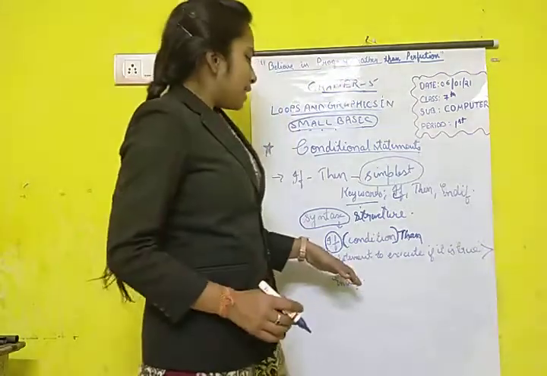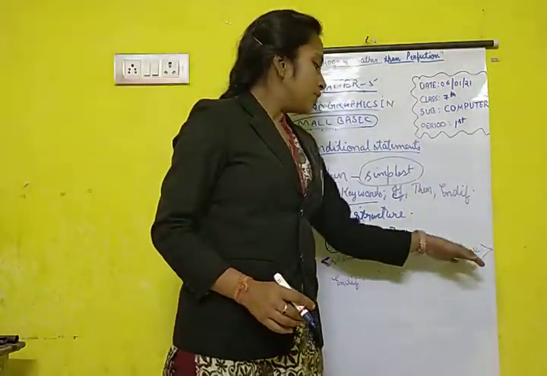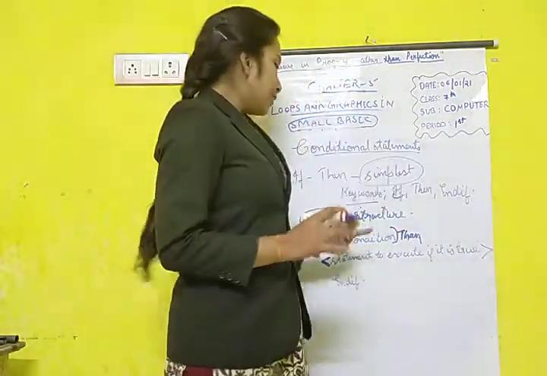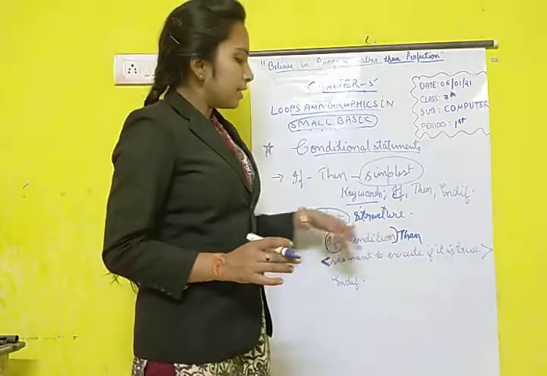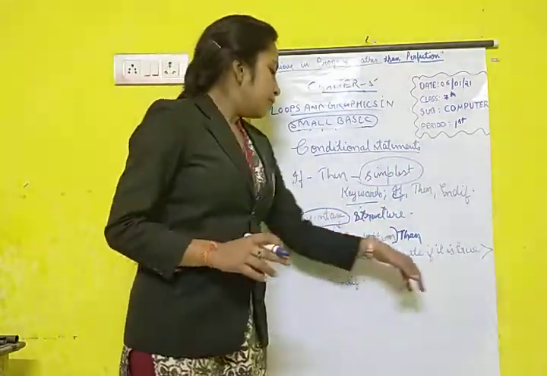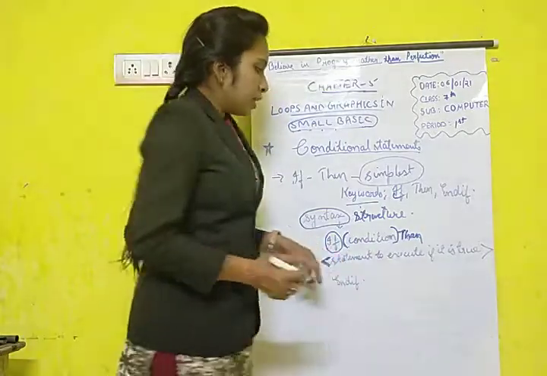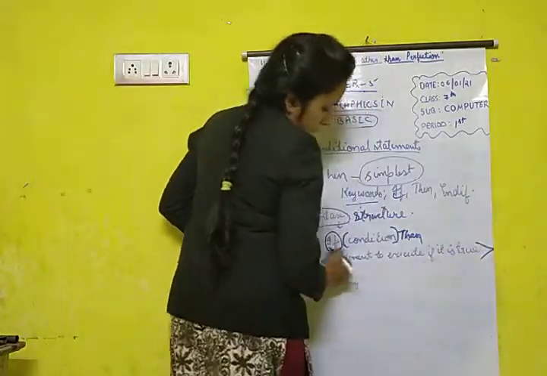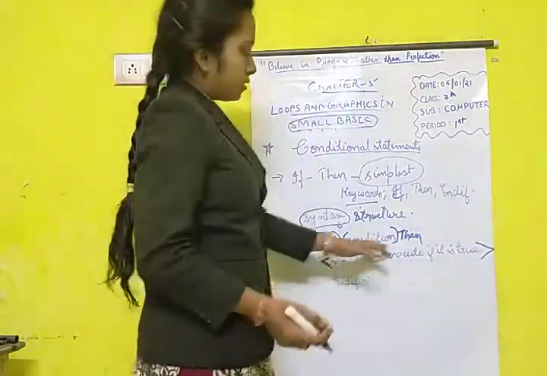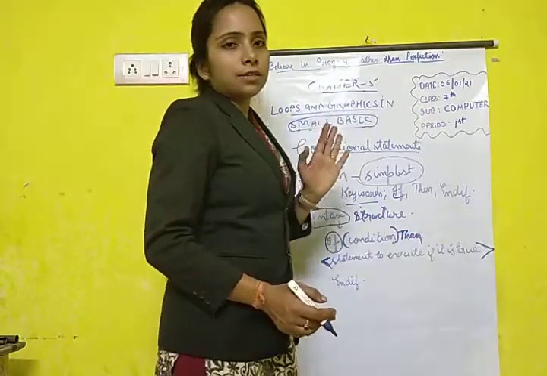See, it is written statement to execute if it is true. If the statement which is entered here is true, then we will get the output here. Within this, we will get the output: sun rises in the east. Clear?